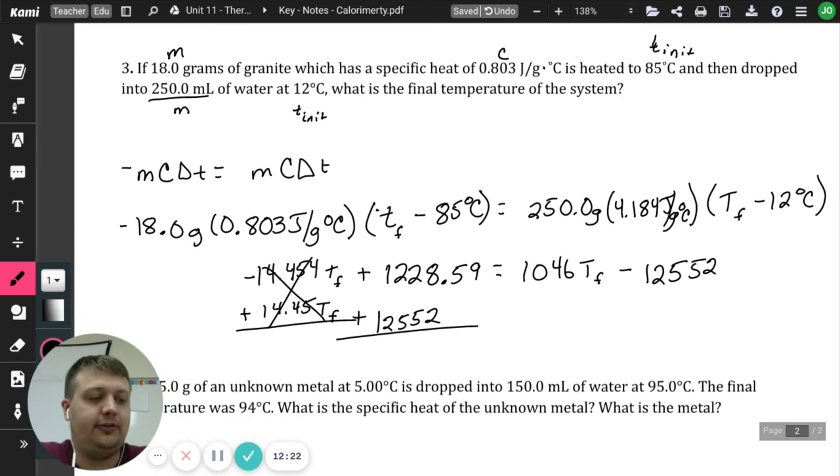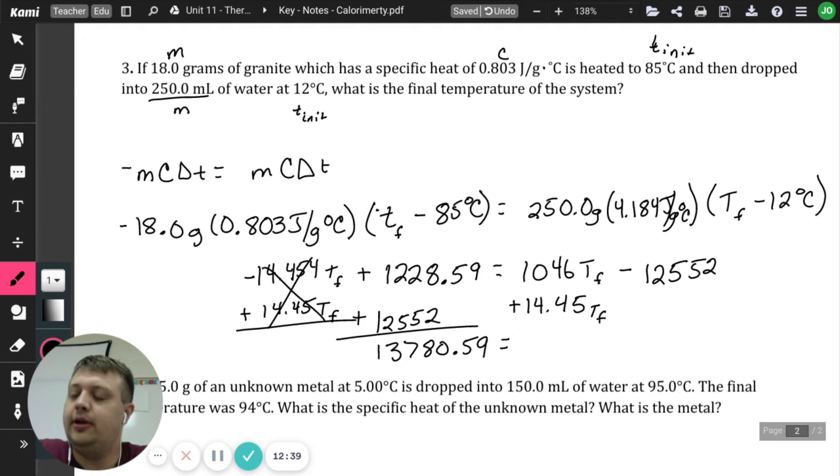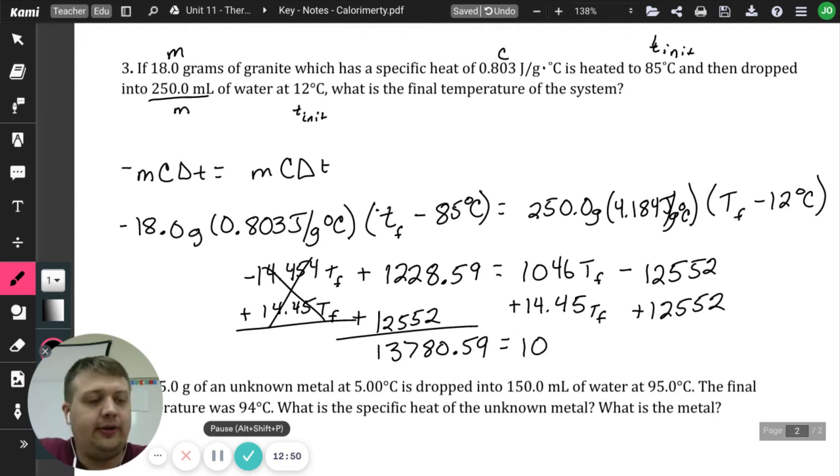That's going to add these two up, which is going to give me 13,780.59 equals 1,046, and then we added 14.45 to the TF, and then we added on this side as well 12,552, and so we get 1,060.45 for my final temperature.